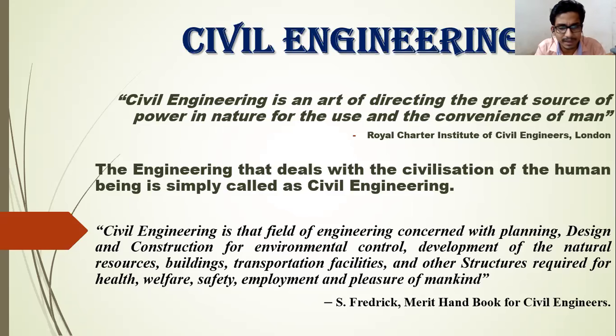Even cement is a manufactured product, but the raw materials used for manufacturing cement are also natural sources only. Nowadays we have a lot of chemicals and a lot of artificial things as well. But broadly, 80 to 90% of the things are natural resources. So they have explained that it is the art of directing those resources to the use of mankind.